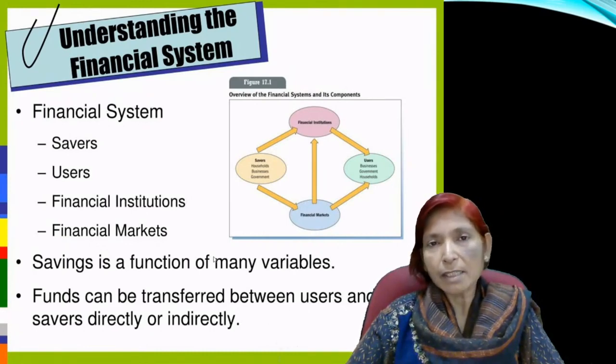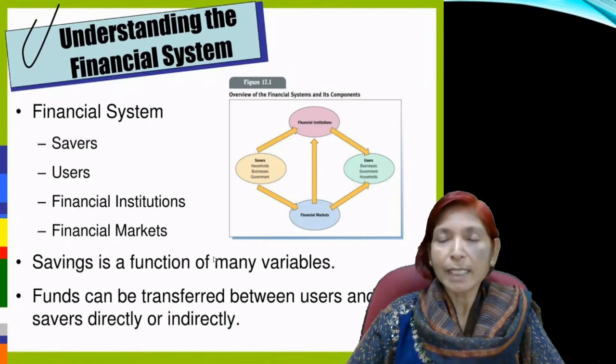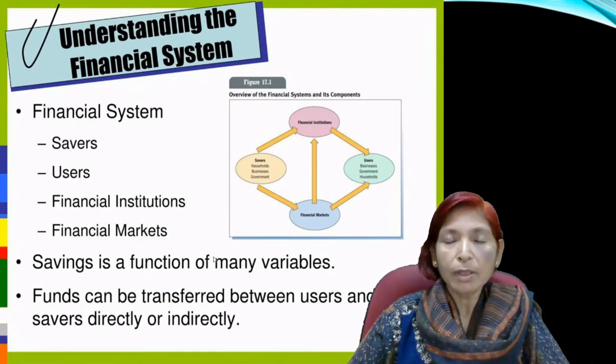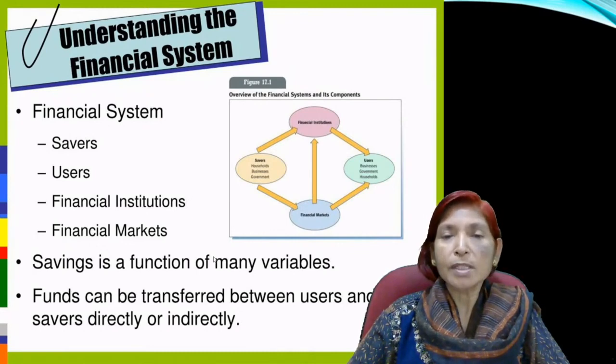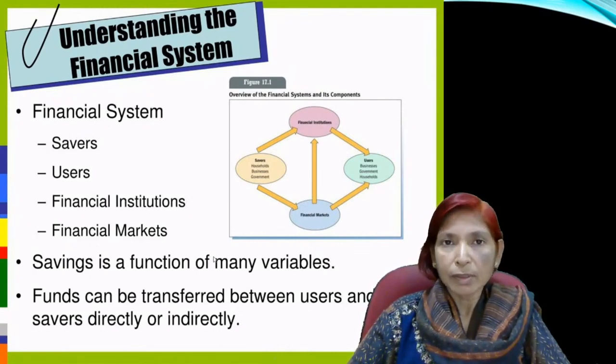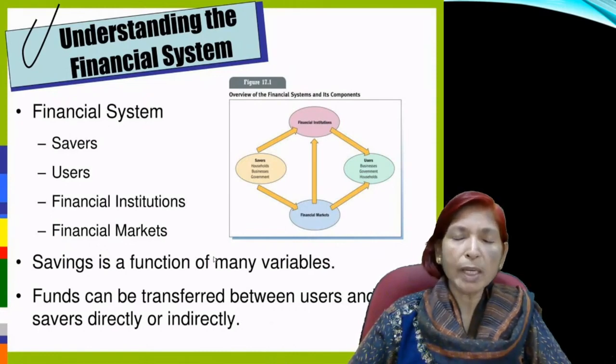As income rises, saving also rises. But saving does not depend only upon the level of income. Saving depends upon the rate of interest also, upon willingness to save, and upon capacity to save. So saving depends upon so many variables.